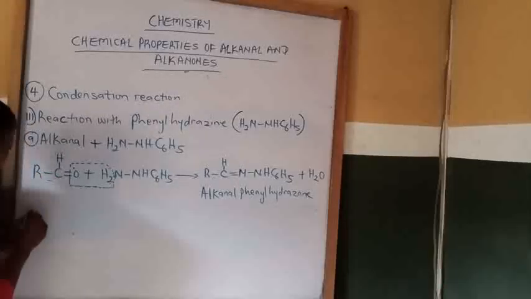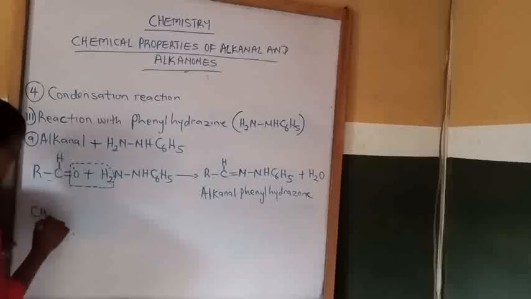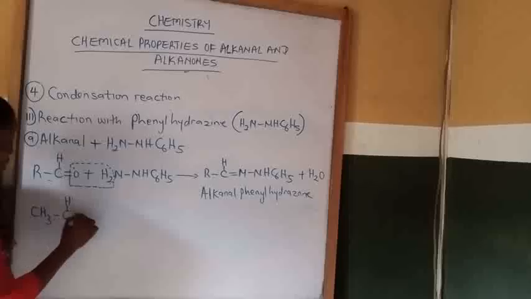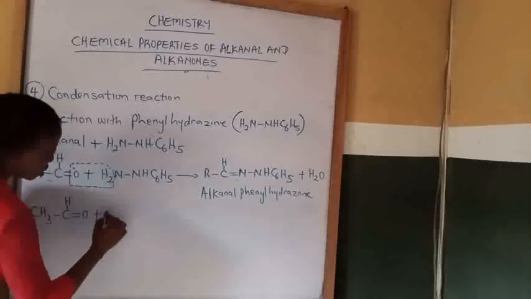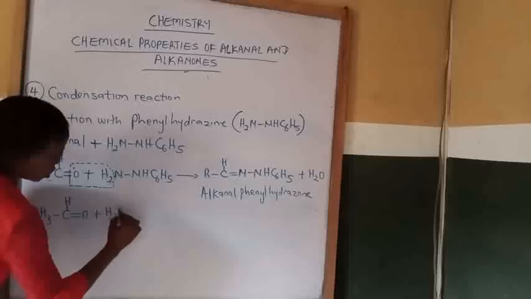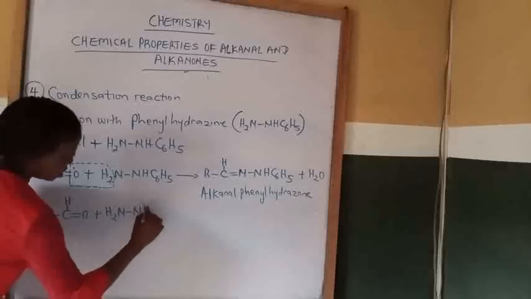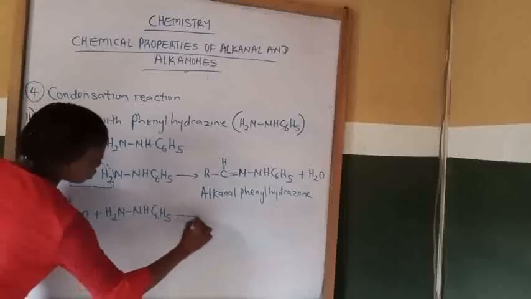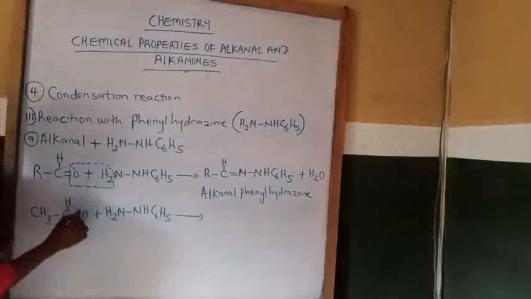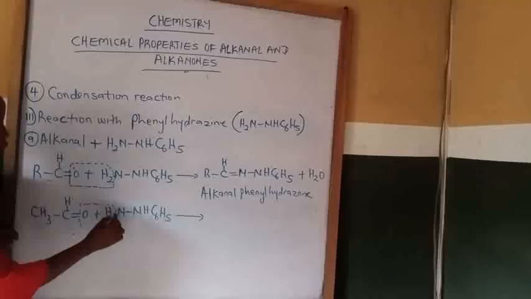Let's take a named alkanal. That's CH3CH double bond O plus our vinyl hydrazine, that's H2N NH C6H5. Let's eliminate the water molecule.